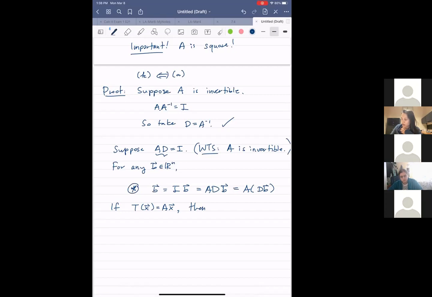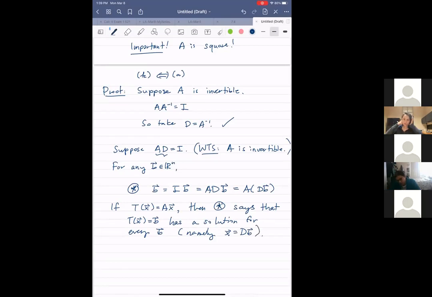What this statement star says is that T of X equals B has a solution for every B. Namely, we take X to be that matrix D times B. Okay, so what that means in terms of T is that T is onto, right?